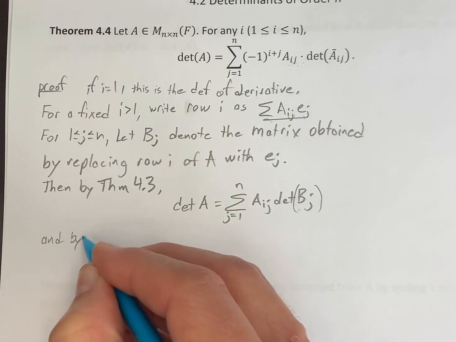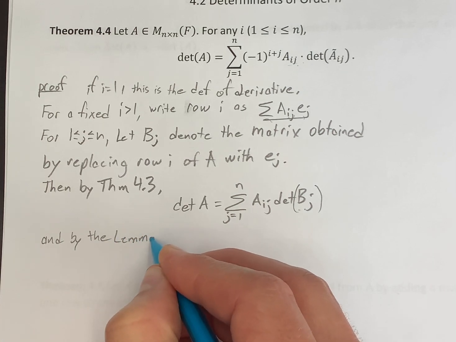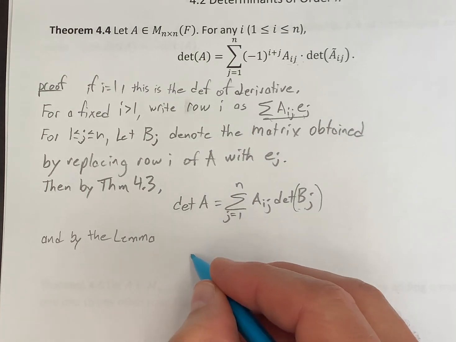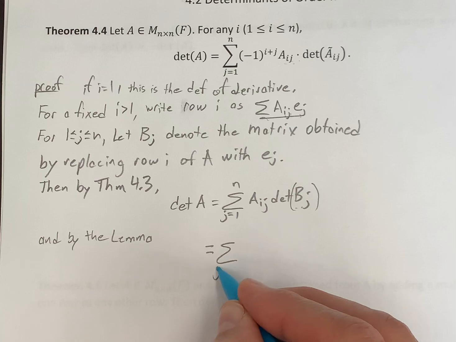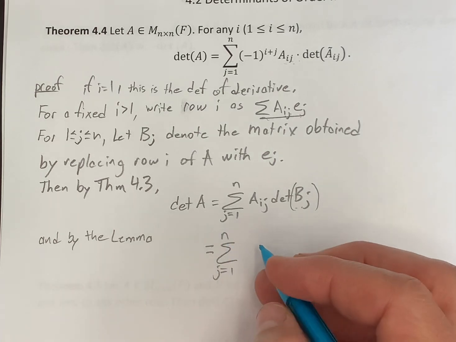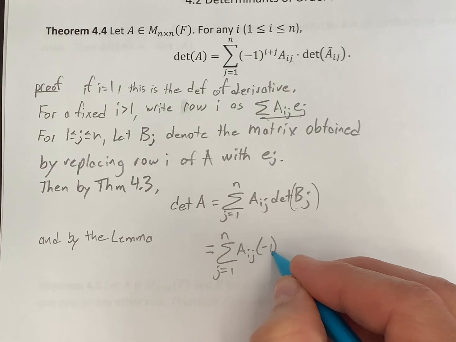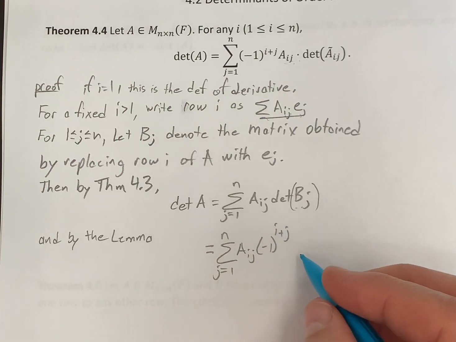And by the lemma, ironically, lemmas aren't that important, so they don't number their lemmas, this equals the sum j equals 1 to n of a_ij times negative 1 to the i plus j, right?